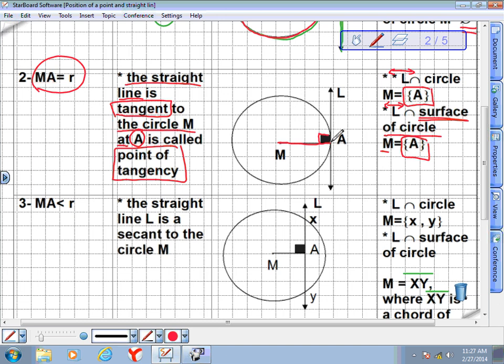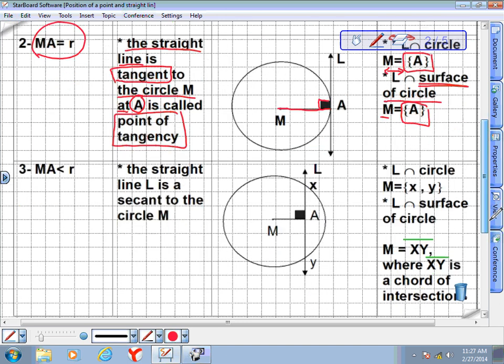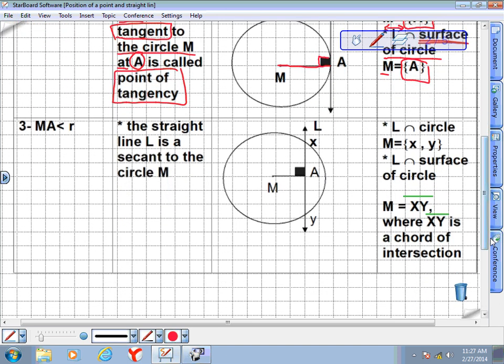The third case we have for the relations between the straight line and the circle M is if the distance MA is less than the radius length. Here in this circle we notice that the straight line L is a secant.